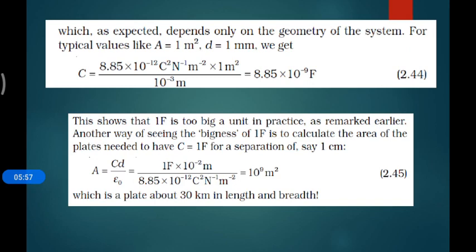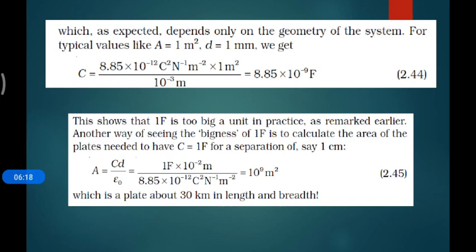If you want a 1 Farad capacitor, then you need approximately 30 kilometer huge plates, 2 plates of 30 kilometer. The 2 plates are separated by 1 mm, and then you can make a 1 Farad capacitor.